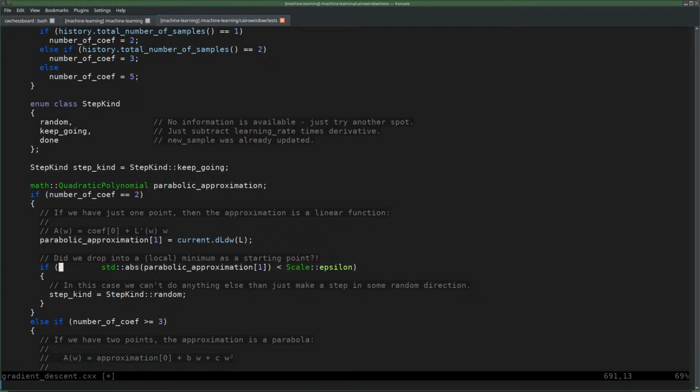I want to know if this value is very small. So something like scale almost 0. Well, that looks good.